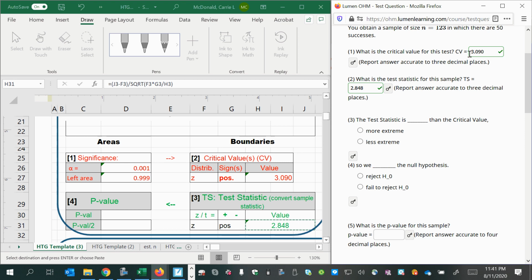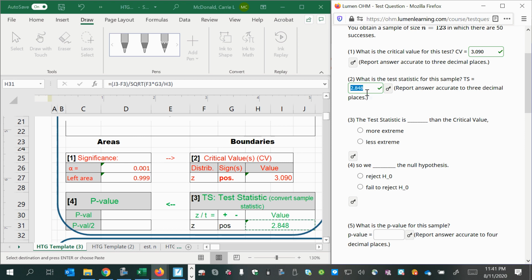So the critical value is pretty far into the tail at a positive 3.09 z-score. So this test statistic only had a z-score of 2.848. So that's only 2.8 standard errors away from zero, where this is 3.09 standard errors away from zero. So the critical value is more extreme here, not the test statistic.